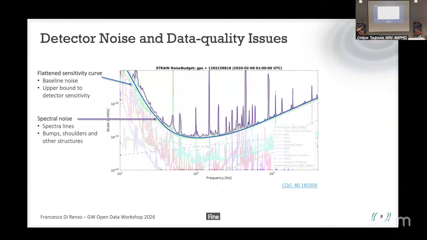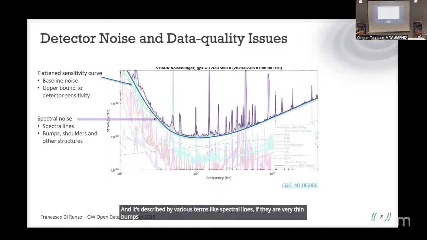On top of it, this purple curve is called spectral noise. Spectral noise is an unwanted feature in our data, which soon I will call in a specific way. It's described by various terms like spectral lines, if they are very thin, bumps, shoulders, depending on the shape of the spectral feature.